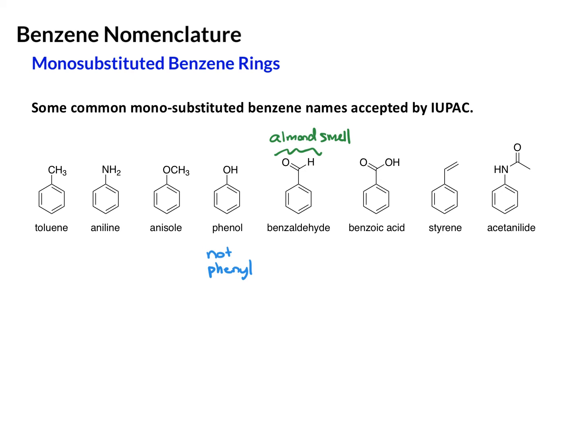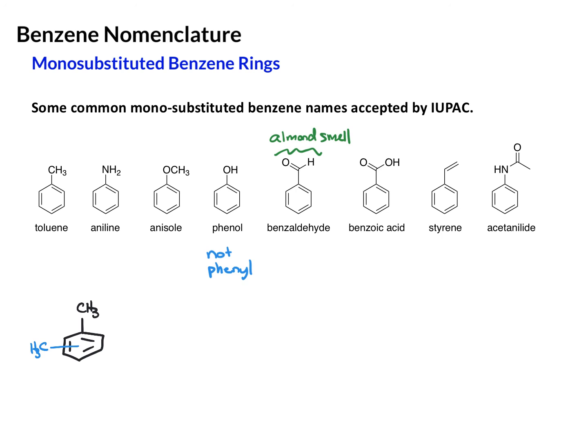Although we're discussing monosubstituted benzenes right now, while we're talking about some common names, there are a couple of disubstituted benzene compounds that have common names that you should be aware of. If we take toluene or methylbenzene and add a second methyl group anywhere on the ring, just to be very generic, I'm just going to draw it like this, so not attach it to a particular position.